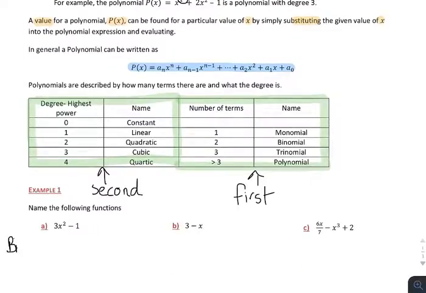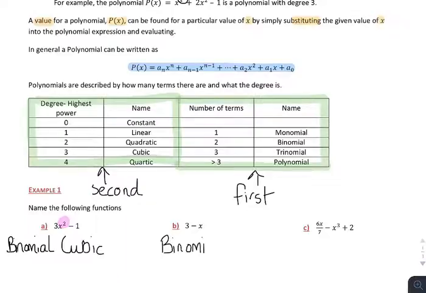So for instance, in this first example, you should recognize that a power of 2 would be a quadratic and that we have 2 terms. So 2 terms is binomial, and with a power of 2, we have a quadratic. So binomial quadratic.